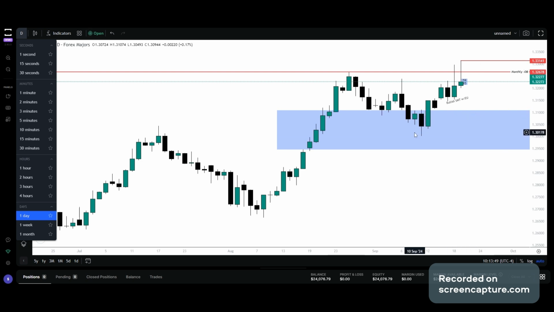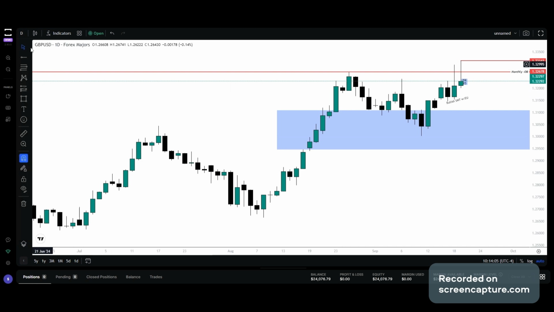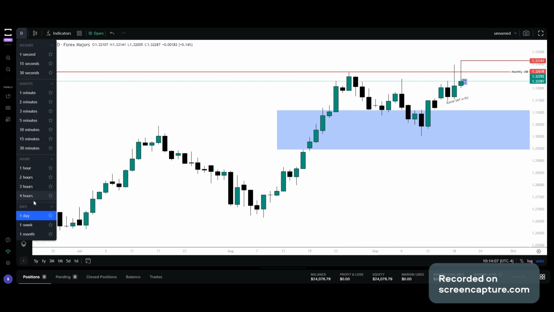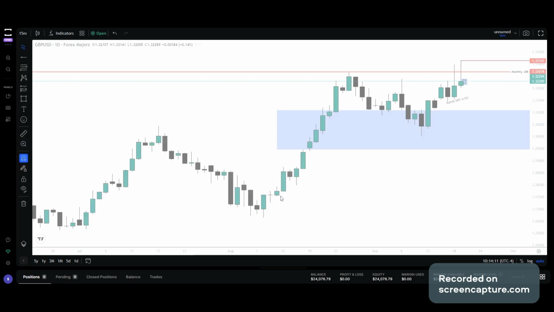We've been going higher since September 11th. With only 3 days, we've had down close candles, not including today, of course. So let's go back to the 15-minute.